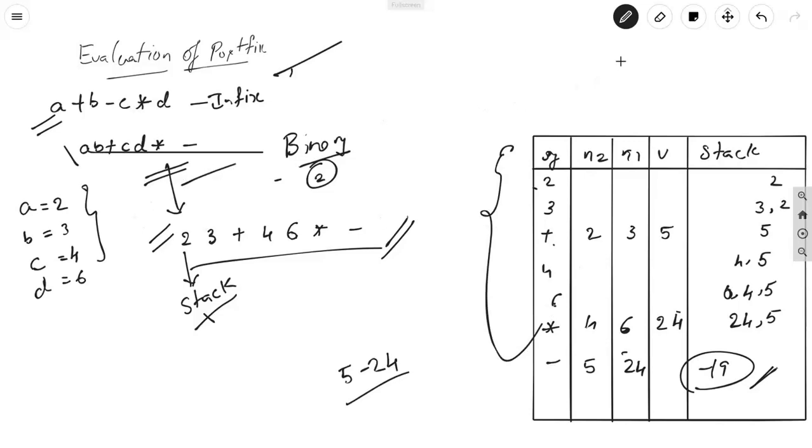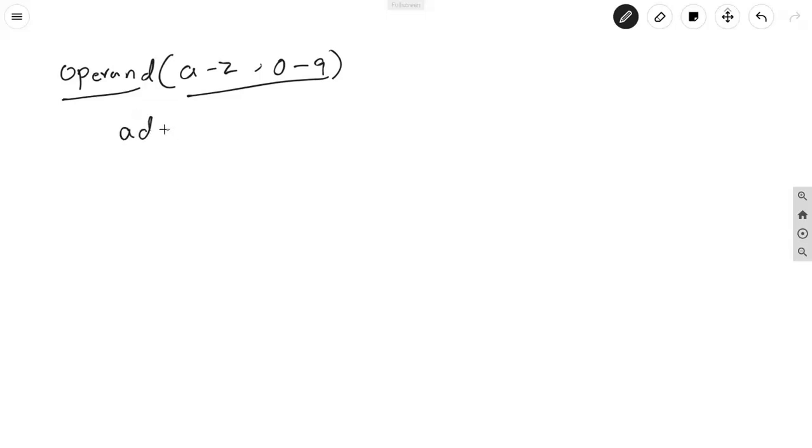The thing you need to remember is, whenever you see an operand, meaning characters like a to z or any numbers or digits, we are going to add those operands to the stack.